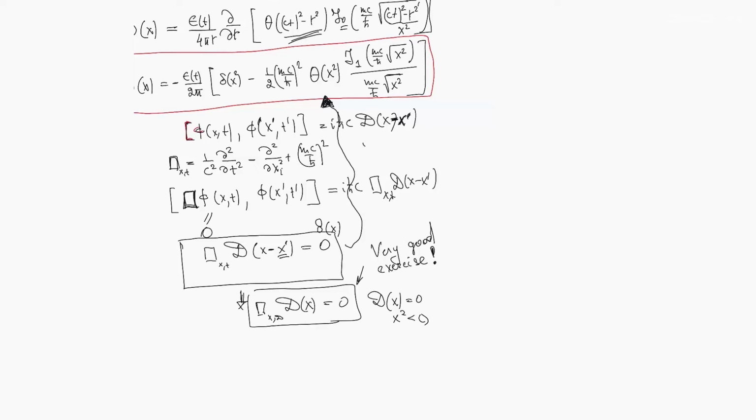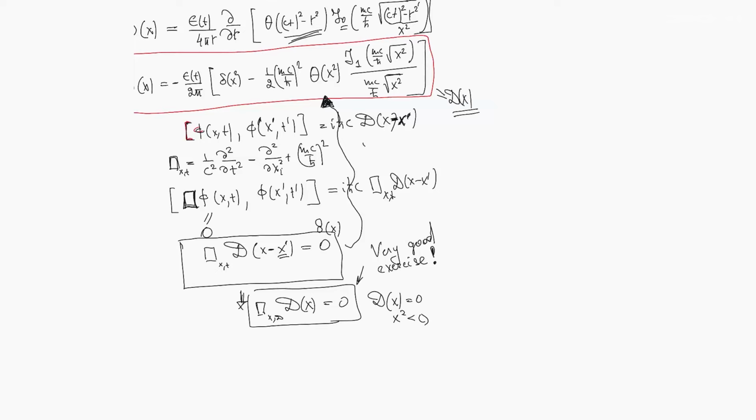Now, we also get a solution of the Klein-Gordon equation here. But in this solution, which I'm now writing as this D function, D of x, these amplitudes are fixed by, if you wish, the conditions of causality.